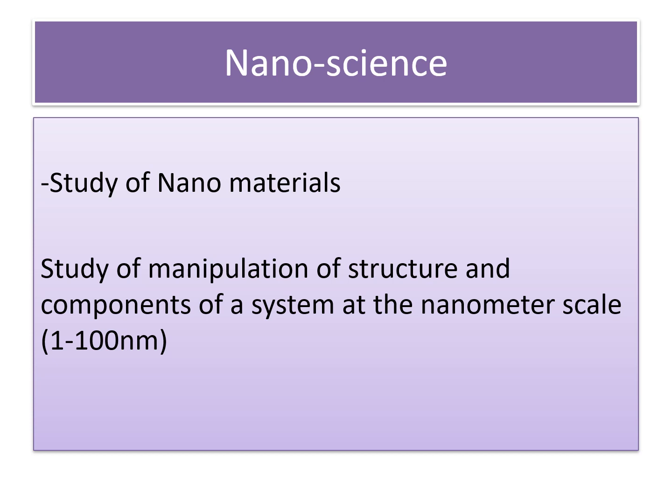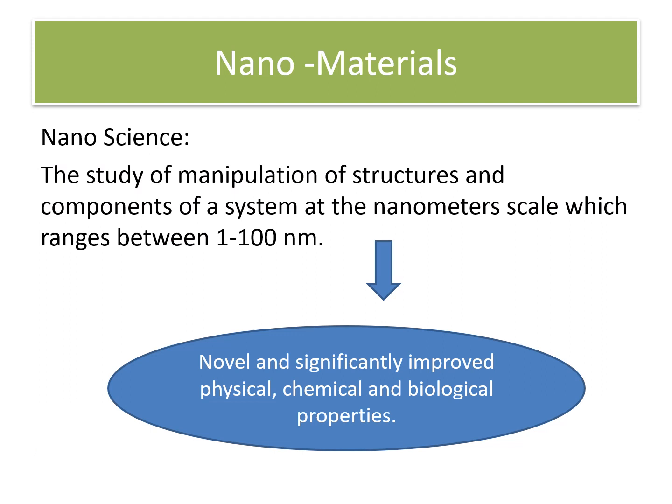So, what is meant by nanoscience? It is basically the study of nanomaterials, by manipulation of the structure and components of a system at the nanometer scale, that is between 1 to 100 nanometers.